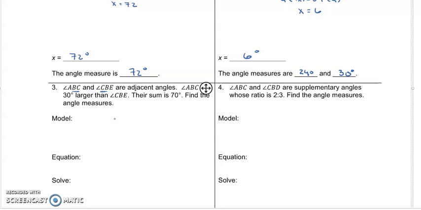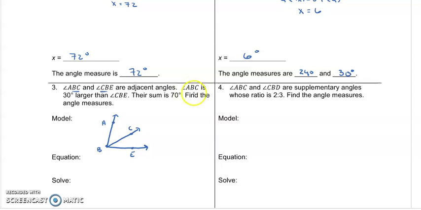So again, I am looking at an acute angle, not drawn to scale. I'm just sort of estimating here. And it's made up of two angles. One of them is ABC, and the other one is CBE. So I know my letters are in the right place. So if they give me the letters, I want to make sure I use them.